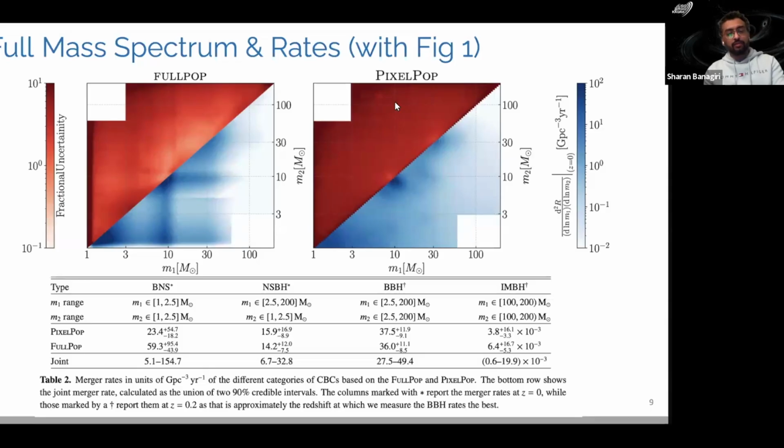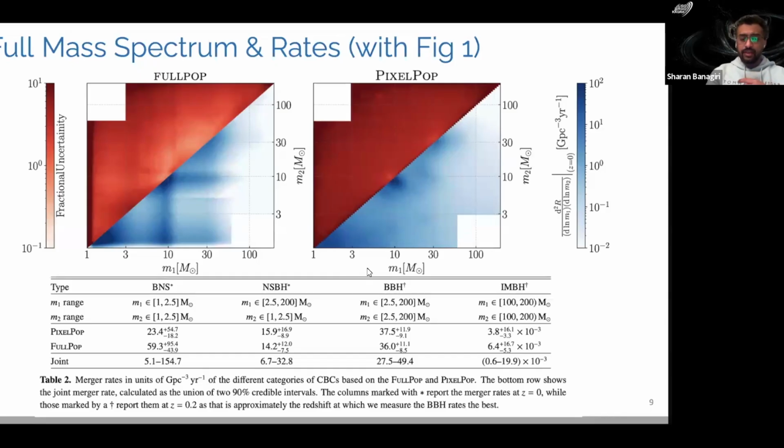And these are two different population models. The one on the left is what is called a strongly parameterized model, which makes strong assumptions about what the distribution of binaries can look like. And the model on the right, PixelPop, is a weak model, which is more flexible, and it makes fewer assumptions about what the shape of the distribution can look like.